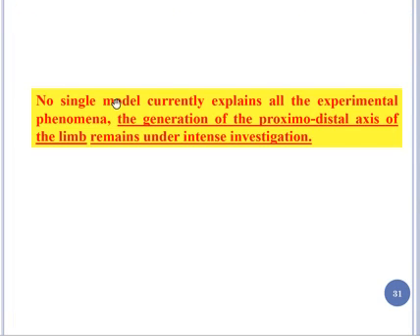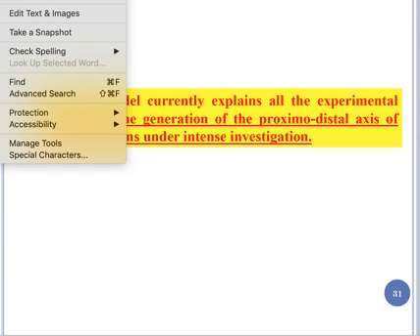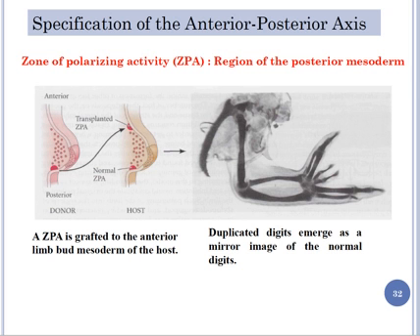You should know here that no single model of the three models I explained shows the experimental phenomena or the experimental process about the generation of the proximal distal axis of the limb. This process is still under intensive investigation in order to understand the molecular mechanisms for limb formation according to this proximal distal axis.